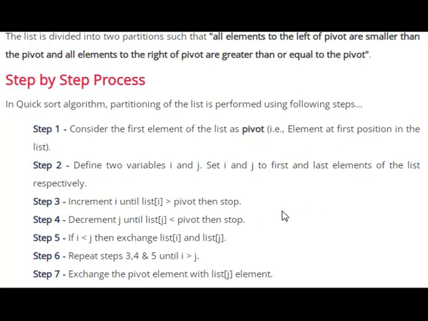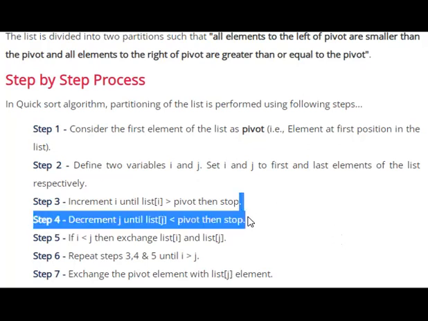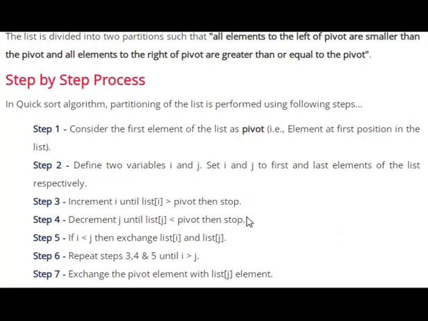That condition is checked, and the second one is that we consider j, where list[j] is less than the pivot. So the condition is that the jth element is less than the pivot. If the third step and fourth step are both satisfied, we can exchange the ith and jth values.